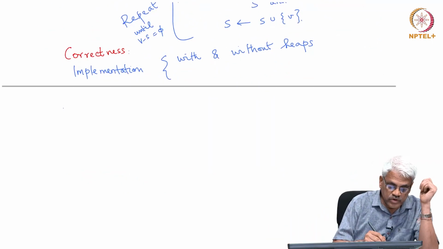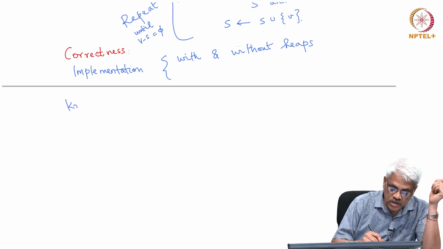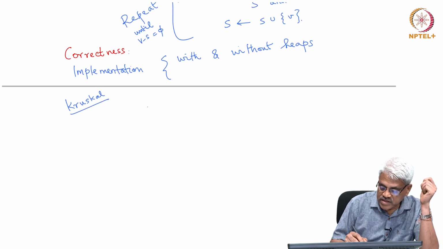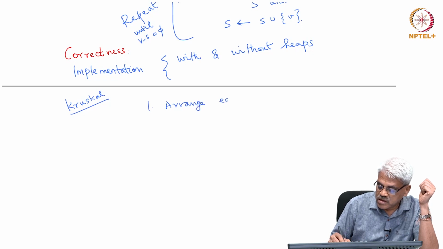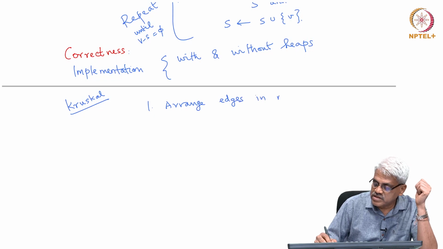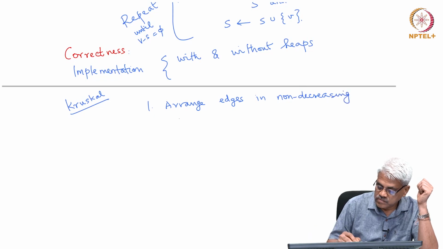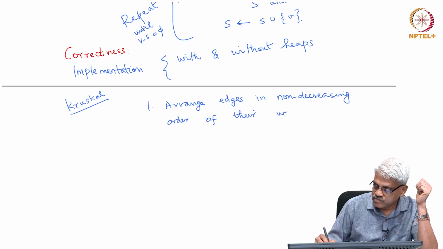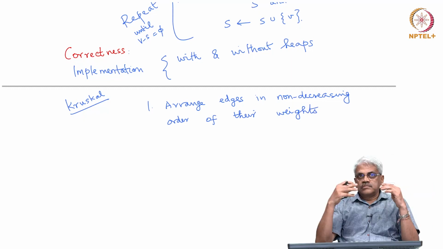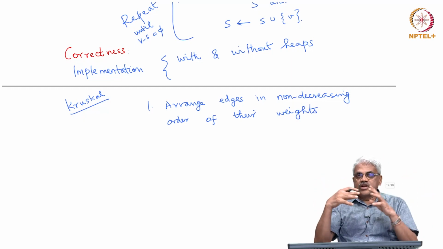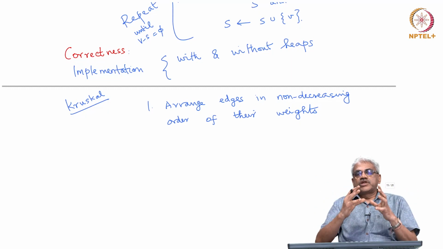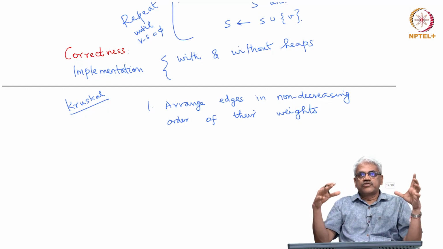There is another algorithm due to Kruskal, which goes like this. Step 1, arrange edges in non-decreasing order of the weight. So, it is also greedy. In some sense, you are trying to pick a subset of edges so that the remaining subgraph remains connected and is of total minimum weight.